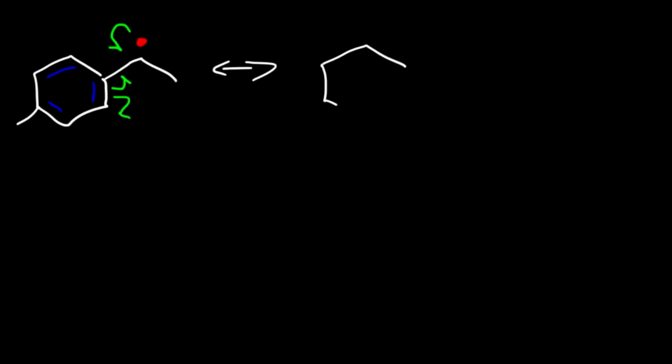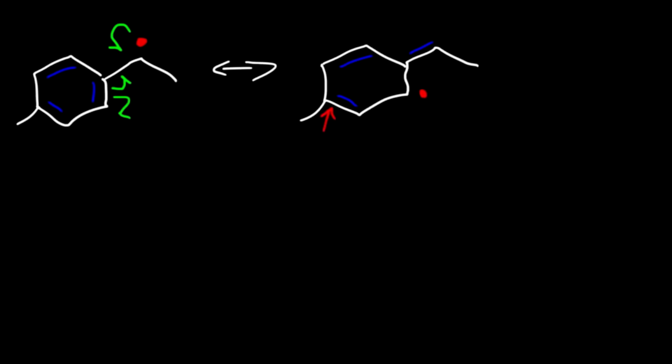Now going back to this compound, let's show all 4 resonance structures. Feel free to pause the video and try it yourself. So first, we can break this double bond and put a radical 2 carbons away from the first one. So the radical is over here.